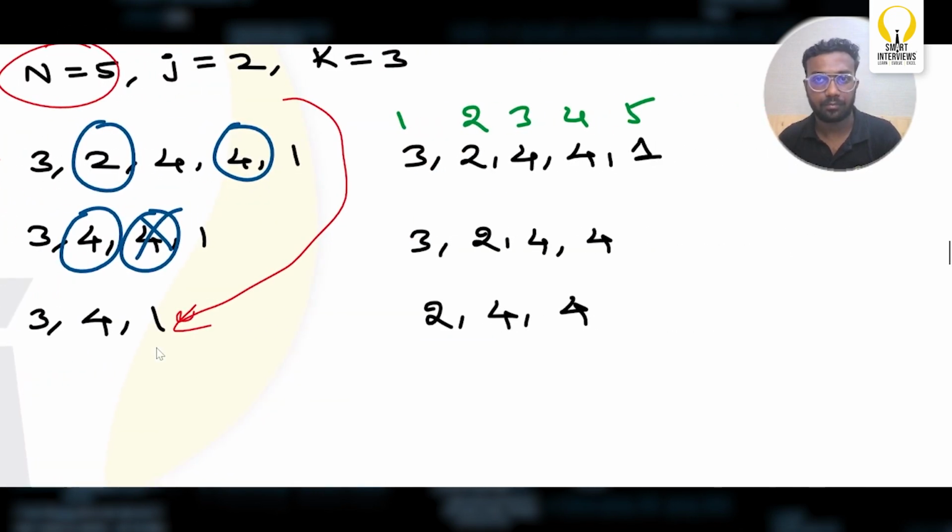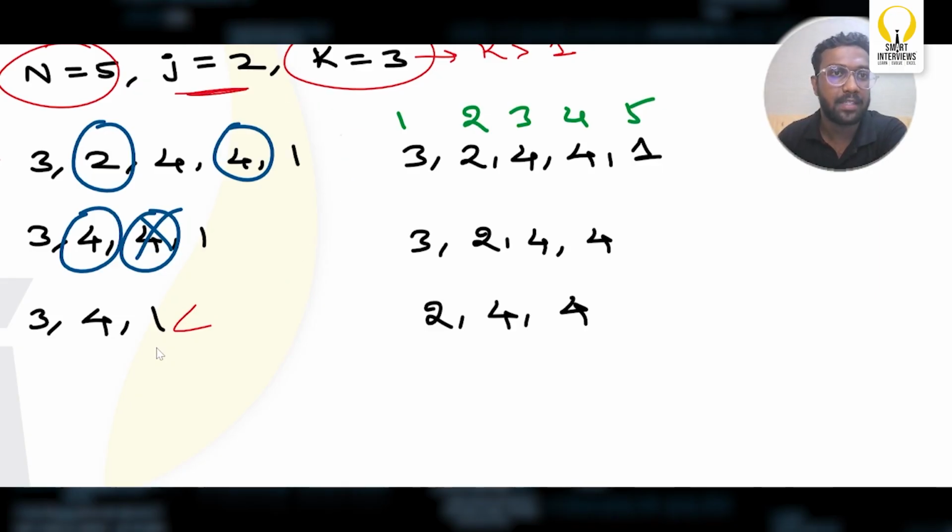Since k is greater than 1 here, as you can see, let's say k is 1 here. In this case, let's say k is 1. And we want to make this 2 go till the end. Because 2 will not go till the end, right?